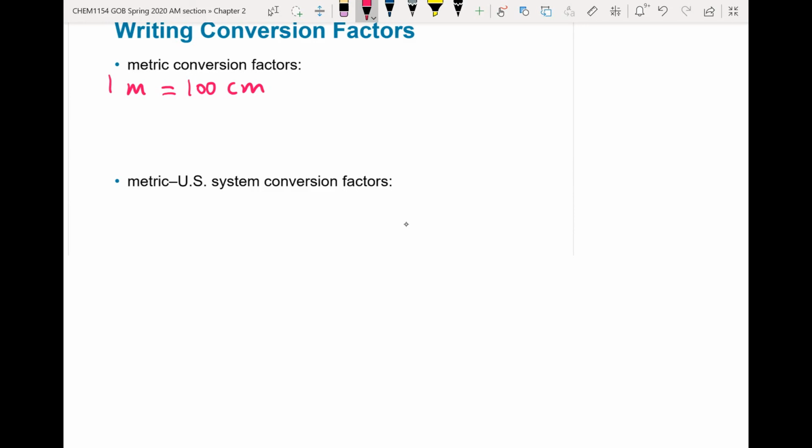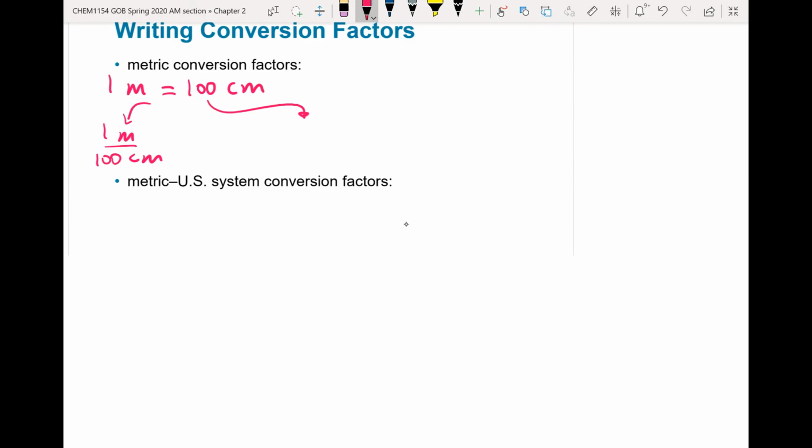So that's an equality. What are the two conversion factors that we get from this? What's one of them? Raise your hand if you think you have one of them. Yes? 1 meter over 100 centimeters. What's the other one? Raise your hand.